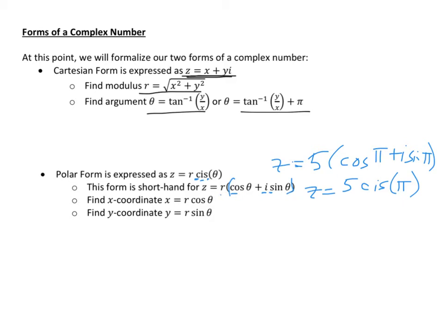Okay? Now, if you ever wanted to take something in polar form and change it back into rectangular or Cartesian form, it's actually really easy. You just do this computation. You do r times the cosine of the angle, and that becomes your x component, your real component, and you do r times sine theta, and that becomes your imaginary component.